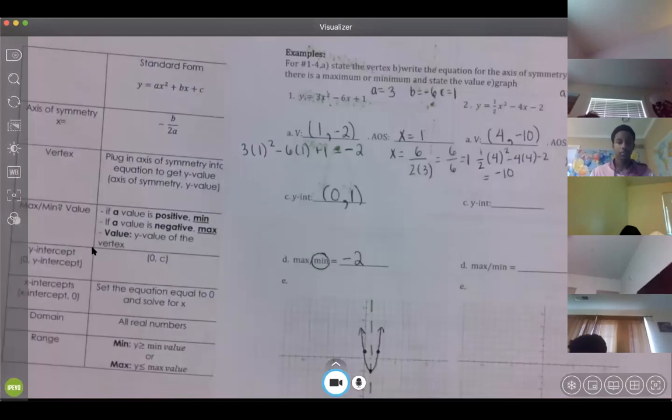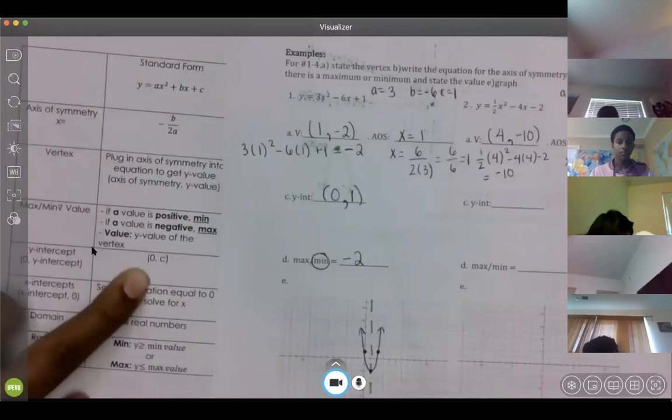All right. What's my y-intercept going to be? What do you think, Bo? Well, what does my cheat sheet say for y-intercept? 0 and C. Yep, so what's my C value, Bo?